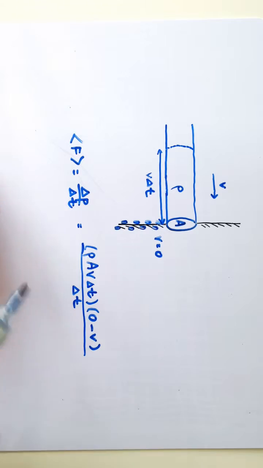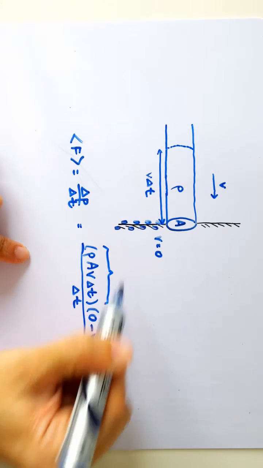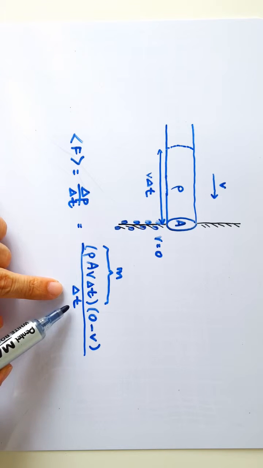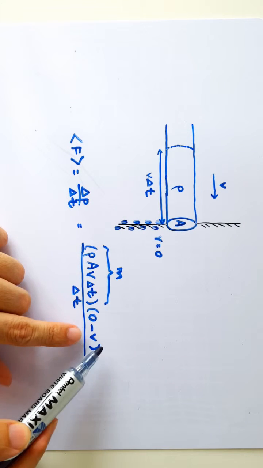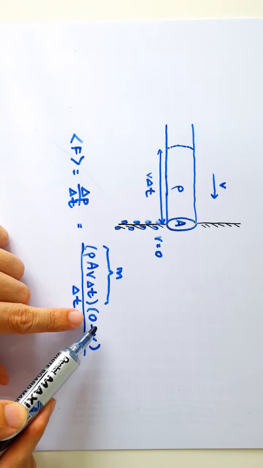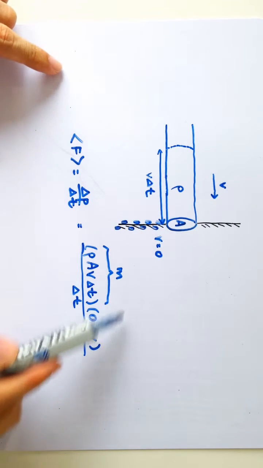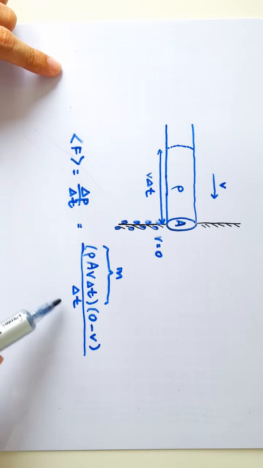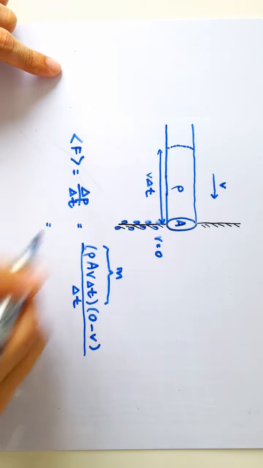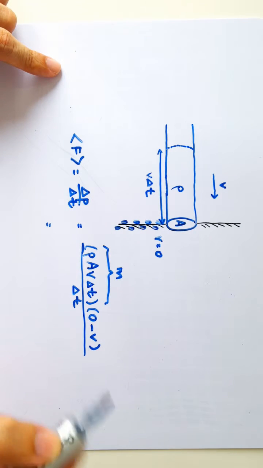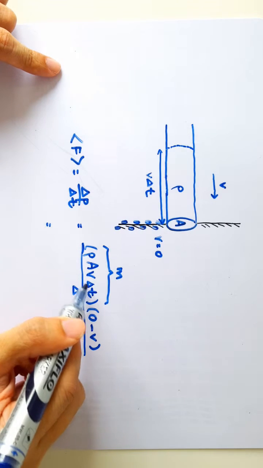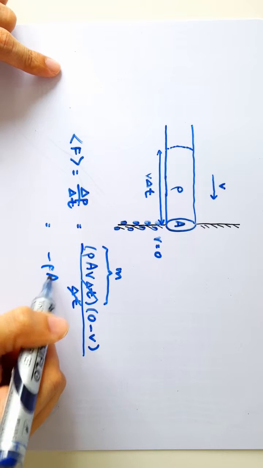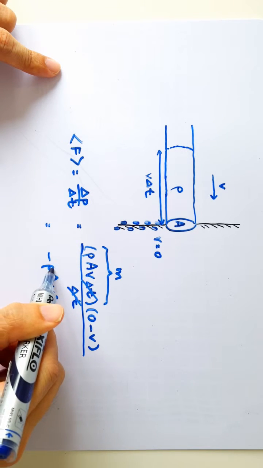So basically, this term here is the mass of water hitting the wall in duration time delta t, and because the velocity changed from v to 0, this represents the change in momentum that occurs every delta t, and this will give us the expression. The delta t is cancelled away, so what we have is negative rho A v squared. Alright.